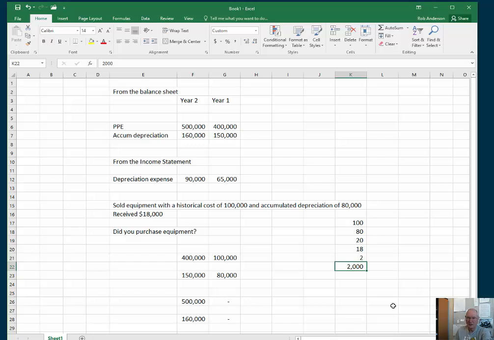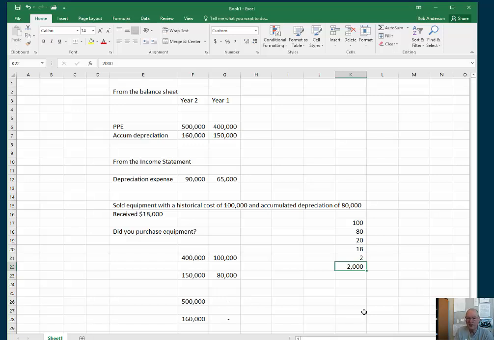So before we even get into the technical aspect of figuring out investments, let's just remember that if we're doing our cash flow statement using the direct method, this is not in operating activities because the sale of equipment is not an operating activity.